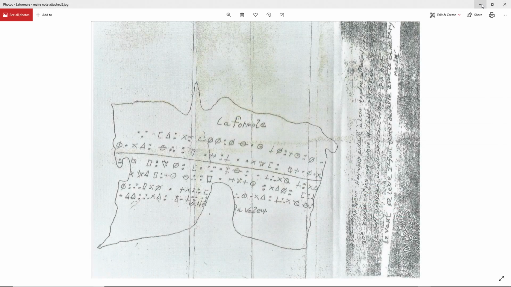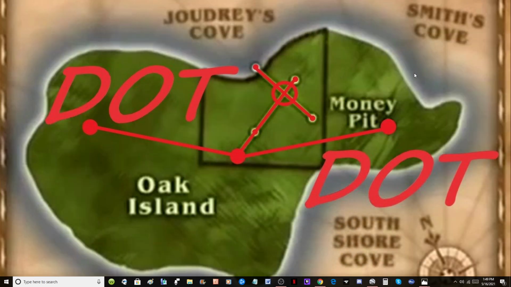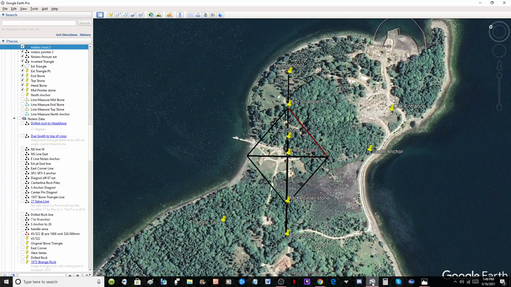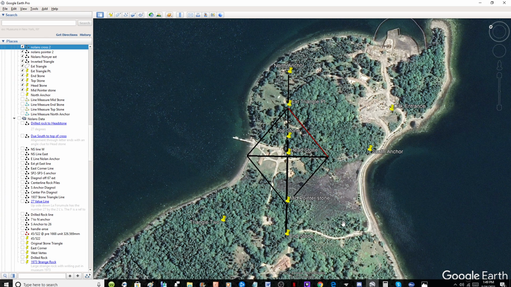So that's interesting. We're going to talk about 522 first of all, and how it relates to Nolan's cross. Nolan's cross, and this is Nolan's cross right here, is from the top stone to the headstone. If you take this distance from the headstone to the end stone and flip it over, you hit the north anchor, and we get what we call the extension triangle.